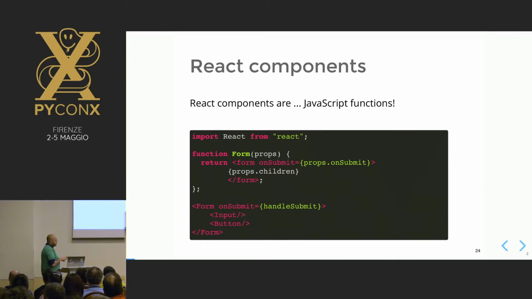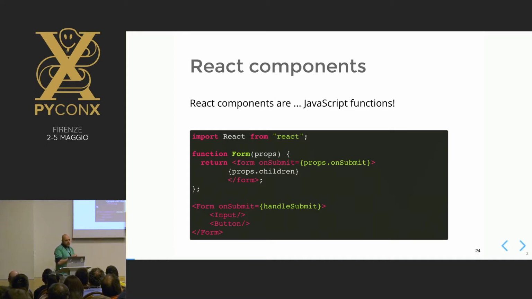We needed classes for handling the state in React. Today, with hooks, we can handle the state of a React component inside a function. So this is why I'm going to show you a function. React components can just be JavaScript functions.